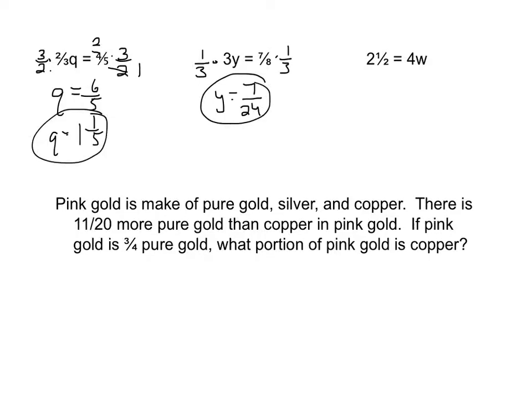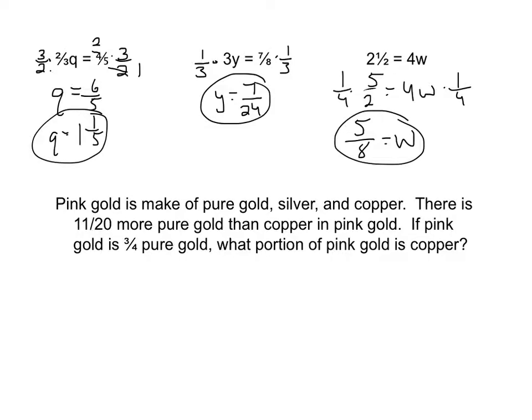Here we're going to change our mixed number into an improper fraction first. 2 times 2 is 4, plus 1 is 5. So I have 5 halves equals 4w. So once again, I'm going to multiply by the reciprocal of 4, which would be 1/4. 1 times 5 is 5. 4 times 2 is 8. So 5/8 is equal to w.